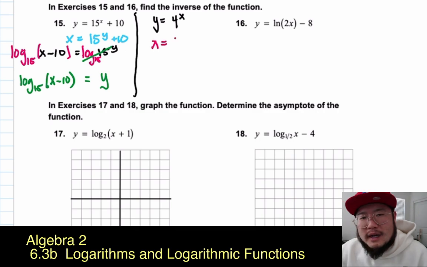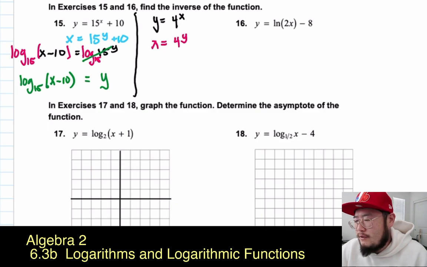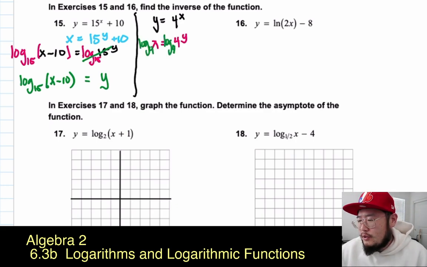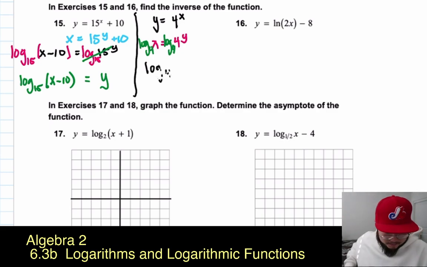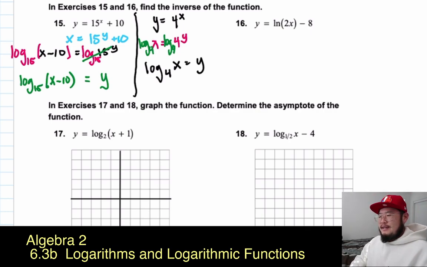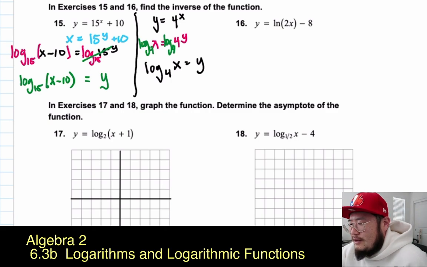And once again, kind of reinforcing what we just did on number 15, in order to bring that y down, I'm going to go ahead and have to apply to both sides whatever the log base is to make it match up. And so I'll apply log base 4 to both sides. And so now I have log base 4 of x is equal to y. A little bonus example for you guys right there. I know how you guys always want more, right?